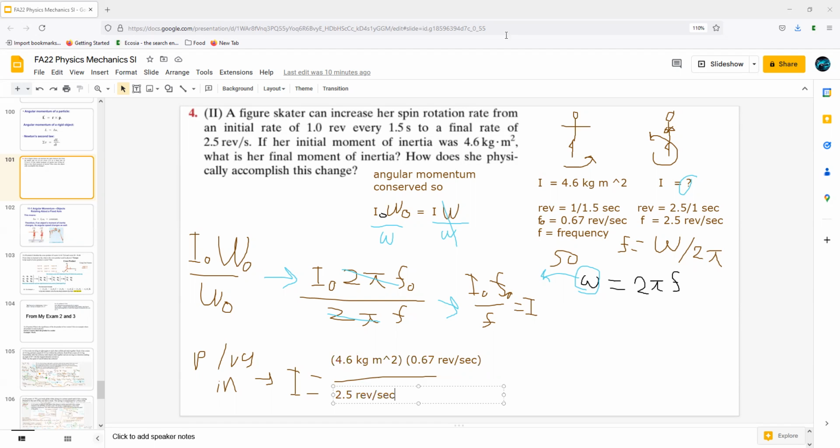Note that these units cancel out, so that gives you kilograms meters squared, which is what you expect for inertia. So I is equal to, if you plug that in, 1.23 kilograms meters squared. Then that's your answer.